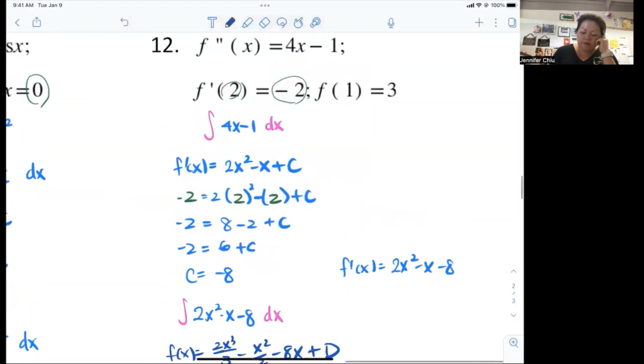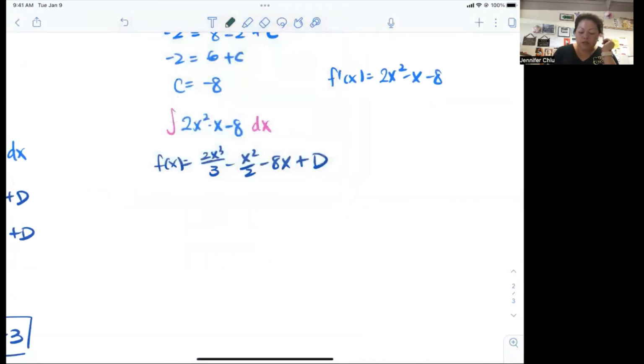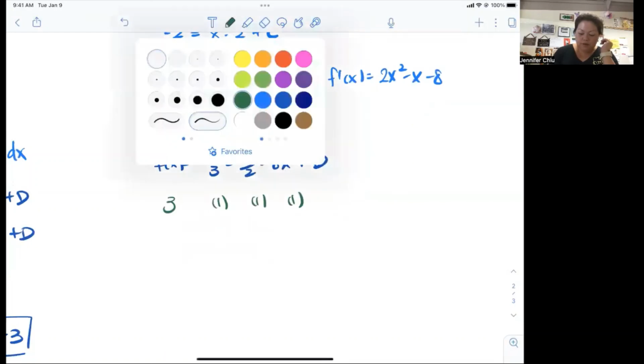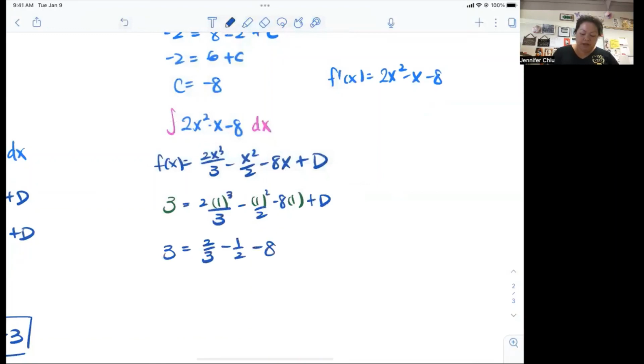So now it says f of 1 equals 3, right? So then my initial condition is 3, and 1 plugged in to every single x. So 3 equals 2 times 1 cubed over 3 minus 1 squared over 2 minus 8 times 1 plus d. So 3 equals 2/3 minus 1/2 minus 8 plus d.